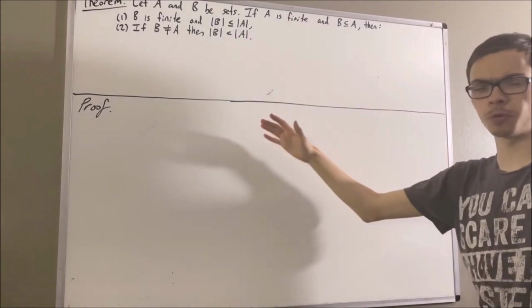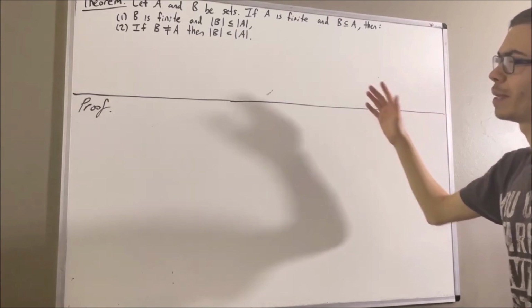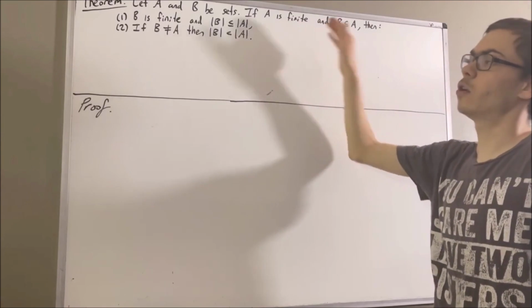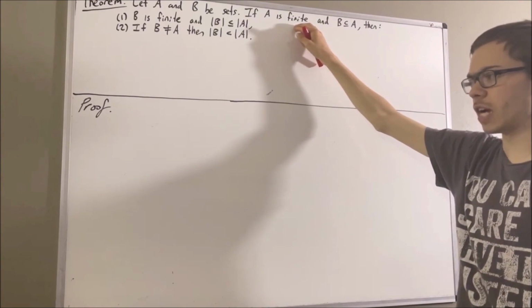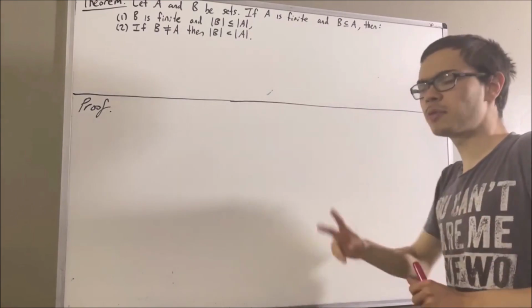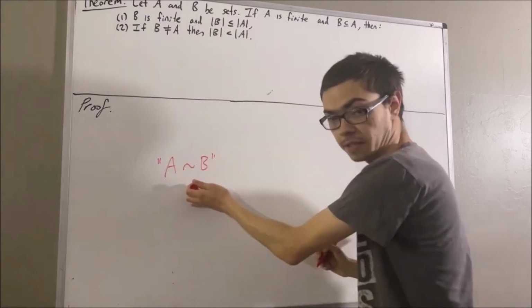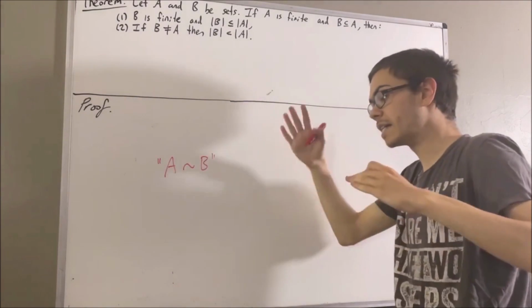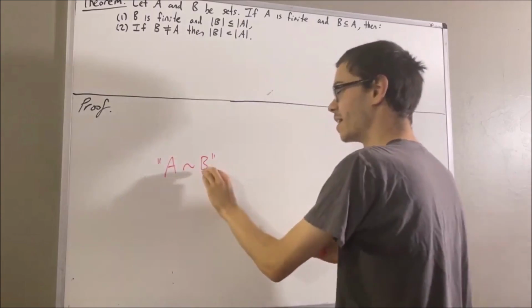Now, before we get into the proof, let's get some context. First of all, what do we mean by finite? Well, to state what we mean by this, first, I would like to say that given any two sets A and B, we will write this to mean the same thing as saying there exists a bijection from this set to this set.